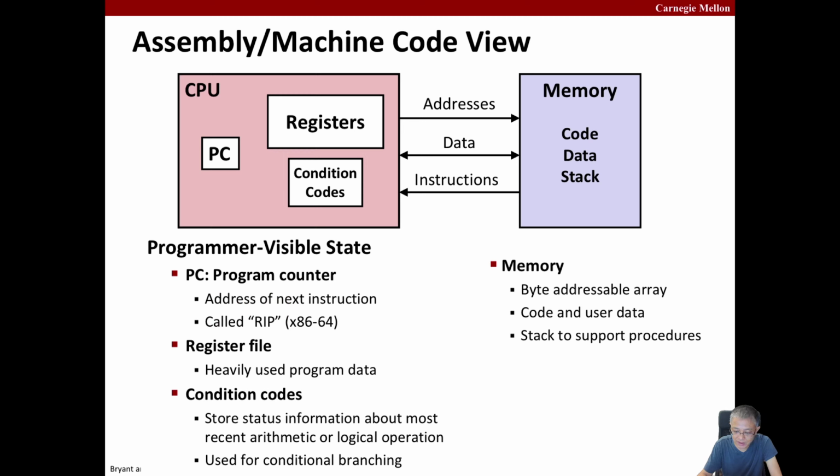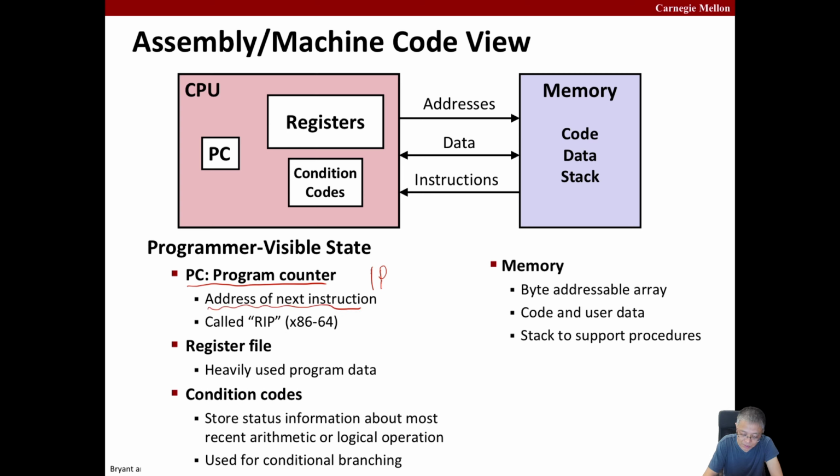So when we talk about this computer system, there is a program-visible state. Here we have something like the program counter, or the instruction pointer. The instruction pointer points to the next instruction to be executed, right?